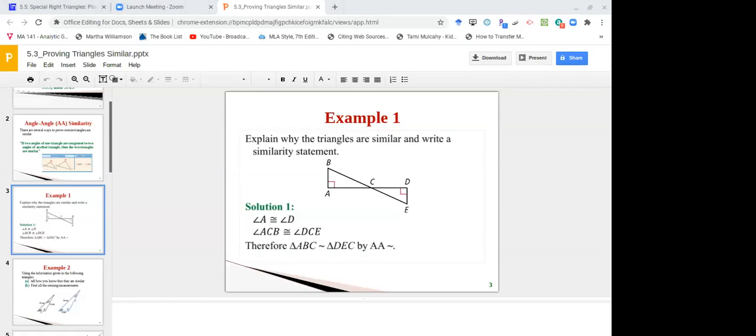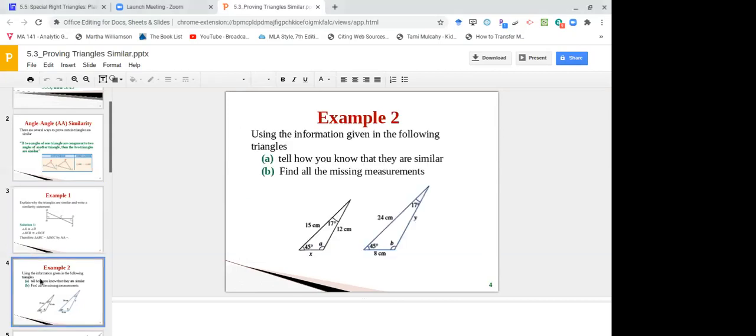So we can say that triangle ABC is similar to triangle DEC by angle, angle, because that angle at C, that vertical angle there, BCA is congruent to DCE by vertical angle. So the triangles are similar to each other because of the fact that angle A and angle C are congruent in both.